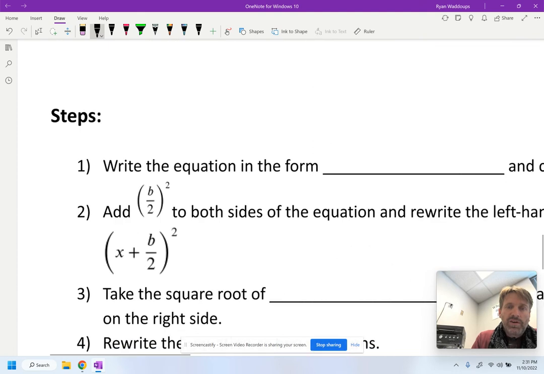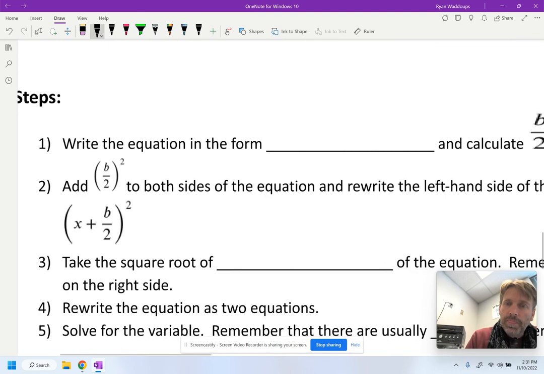So write the equation in the form x squared plus bx plus something equals, we'll call it c, plus something.